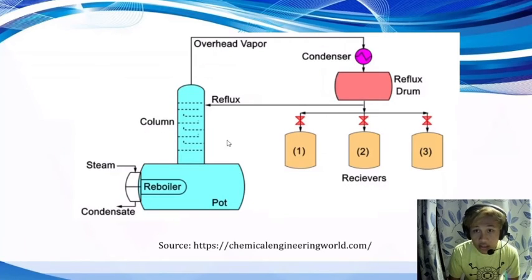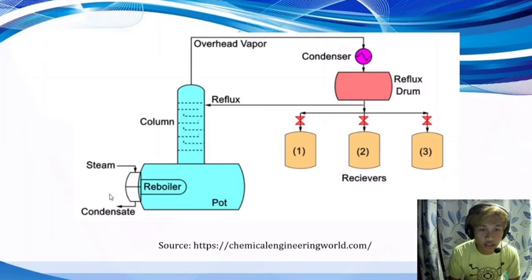So this is the diagram for the batch distillation. What happens here? Feed is charged to a steel pot to which heat is supplied continuously through a steam jacket. As the mixture boils, it generates vapor richer in the more volatile component. Condensate will be richer in the more volatile content at the beginning, but decreases as more condensate keeps accumulating.